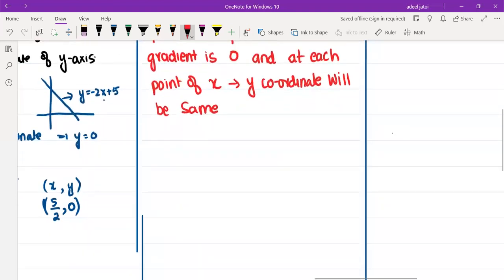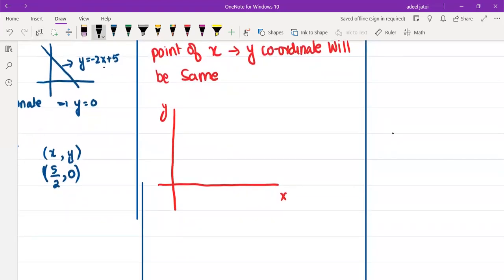What does this mean? See, if I prepare a graph, there is an x-axis and there is also a y-axis, right? What does a parallel line do? A parallel line is a line which is parallel to the x-axis, going in the same direction. If the x-axis is horizontal, that means your line parallel to the x-axis will also be horizontal.